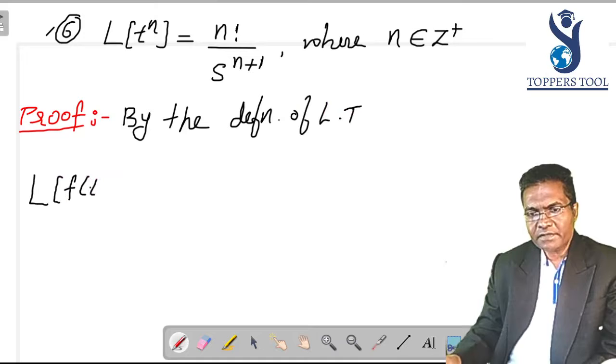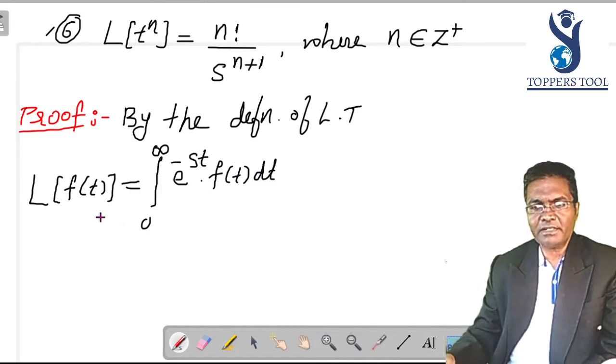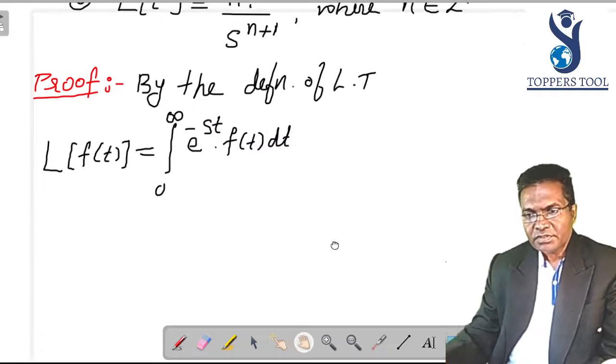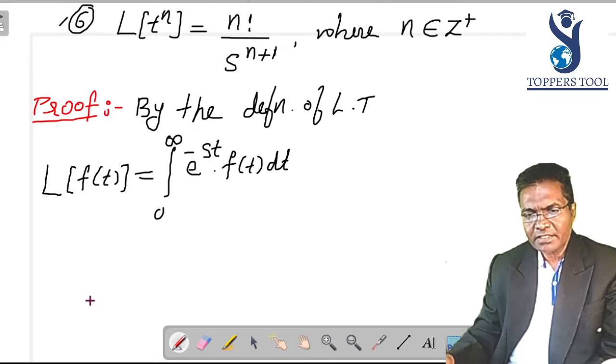L of f of t is 0 to infinity e power minus st into f of t dt. This is the definition of Laplace transform. Now we are interested in Laplace transform of t power n, so just replace f of t by t power n.